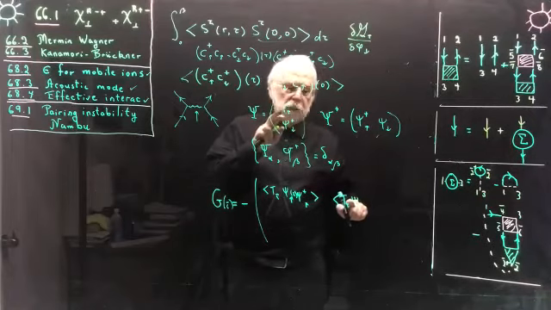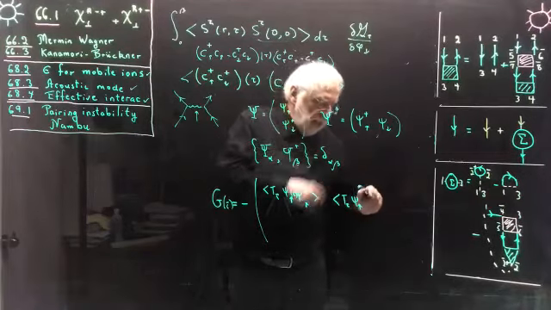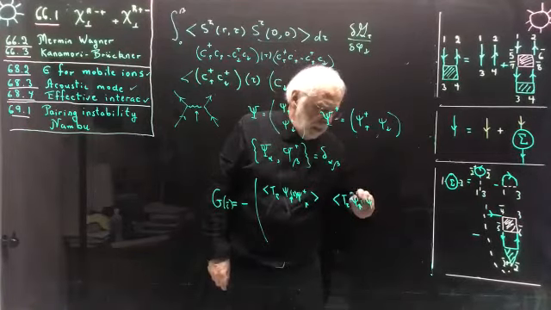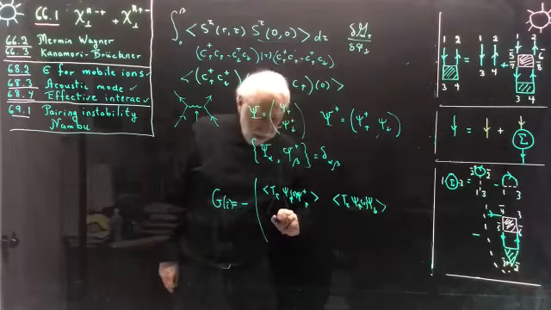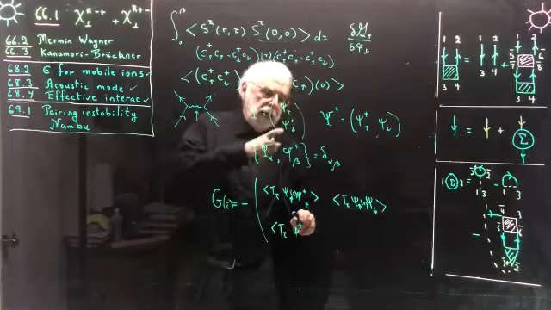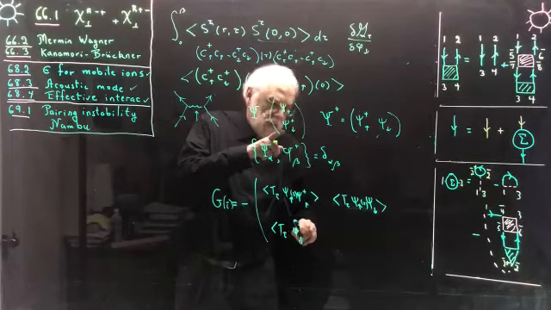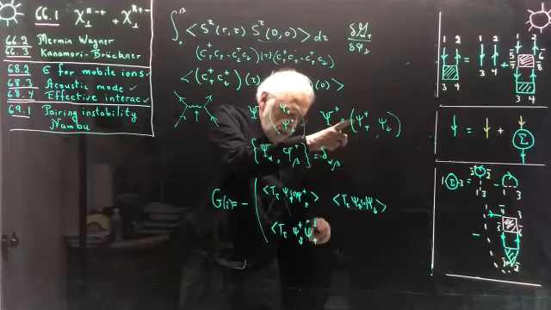So this is psi up, and now I'm in the second column, so I get psi of tau, psi down, and here the time-ordered product with psi dagger down, and with the first one is psi dagger up.